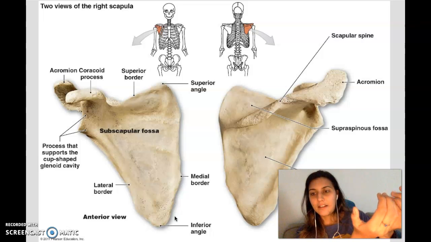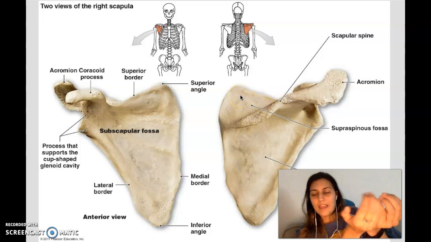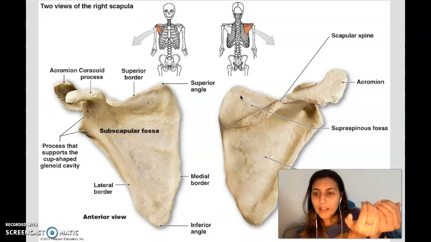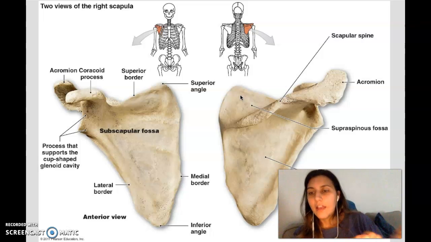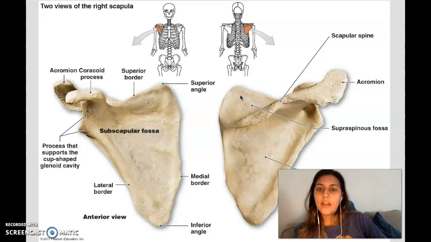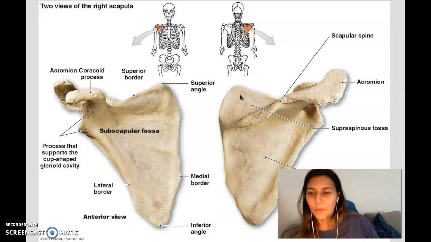The thumbs can then hook around the inferior angle of the scapula and the scapular spine, and this position provides a really firm hold, allowing the practitioner to move the scapula in every direction it can go, including superior and inferior motion, lateral and medial motion, as well as circumferential motion, retracting and protracting.